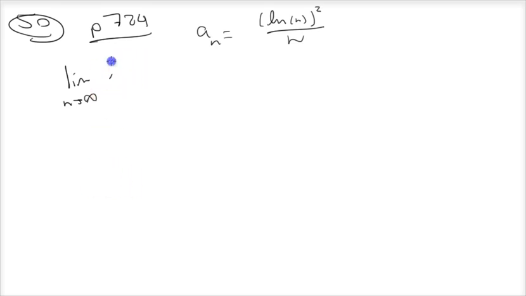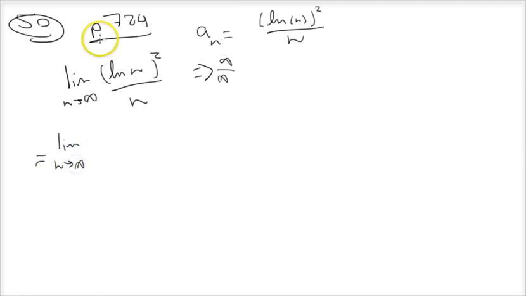So we're going to take the limit of the natural log of n squared over n, and when we plug in infinity here, the natural log squared becomes an infinity, this becomes an infinity, so we have one of our indeterminate forms. That means we get to use L'Hopital's rule and take the derivative of the numerator and then the derivative of the denominator.